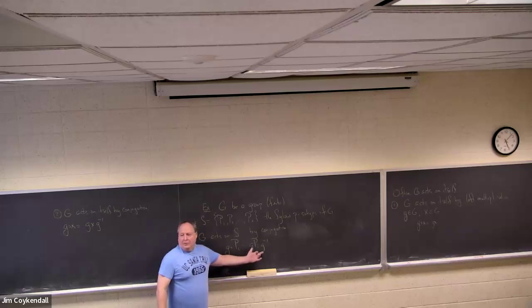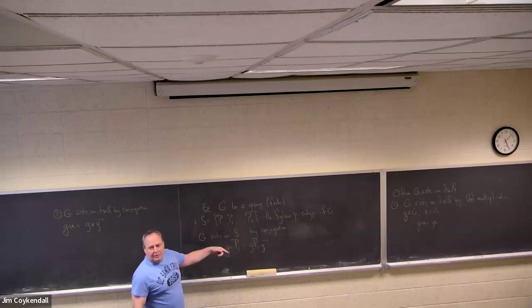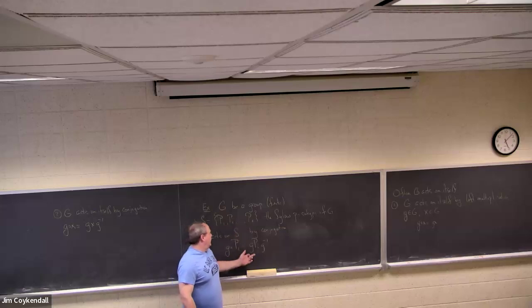So it just pushes this to perhaps a different Sylow p-subgroup. We know all the Sylow p-subgroups are conjugate, so this is what we call a transitive action, because given any two of these, there's something in G that takes one to the other.